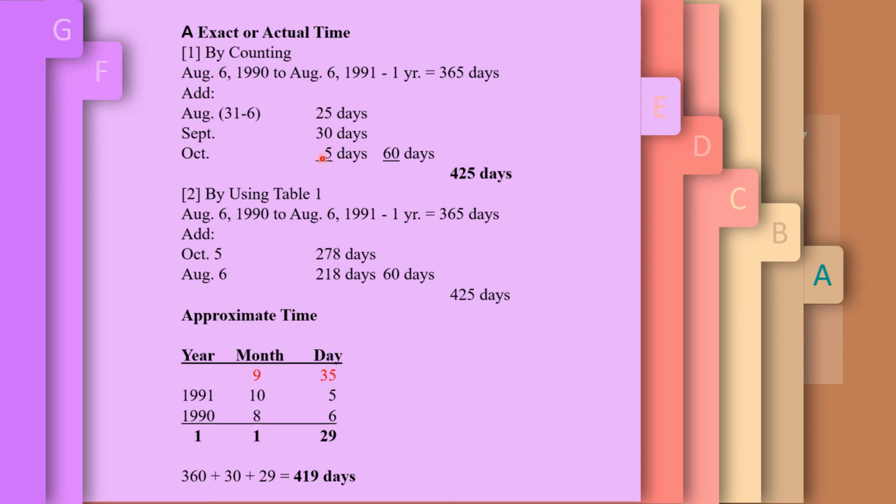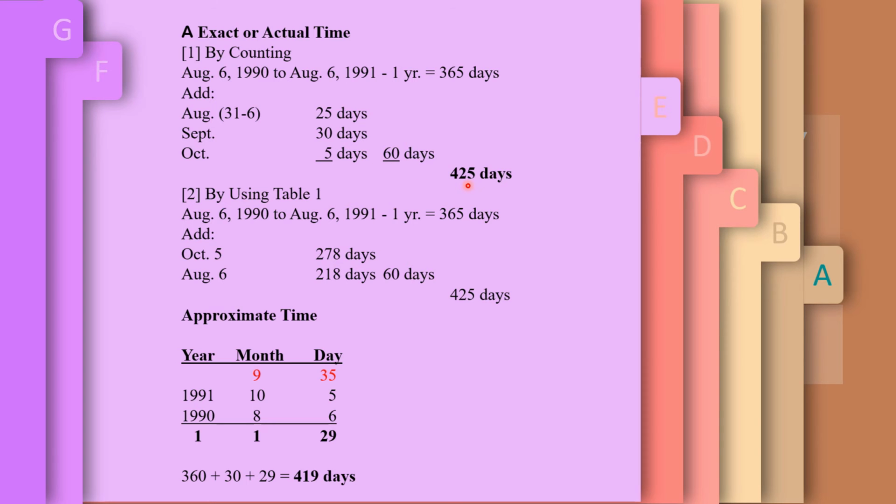So we have 5 days here. So 25 plus 30 plus 5, we have 60 days all in all, plus the year here, 365 plus 60 days, we have 425 days.